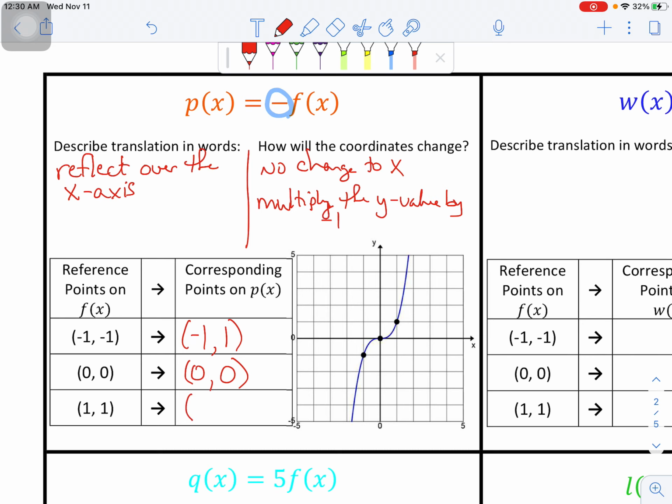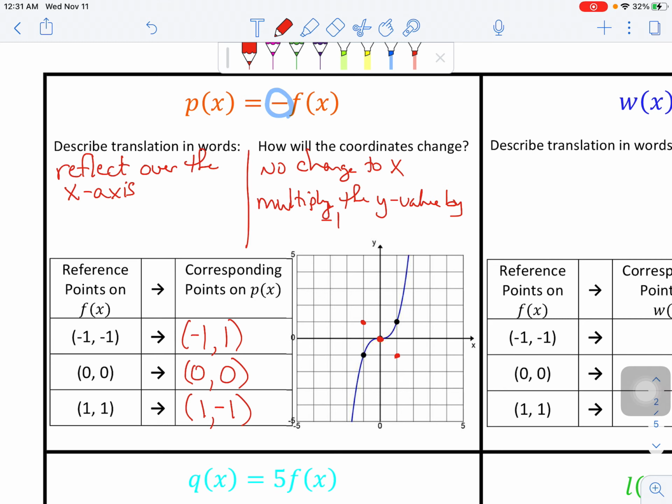And for our reference point 1, 1, we leave the 1 alone, and -1 times 1 is -1. So this point, -1, -1, is going to flip up to -1, +1. 0, 0 stays. And the point +1, +1 is going to flip down to +1, -1.